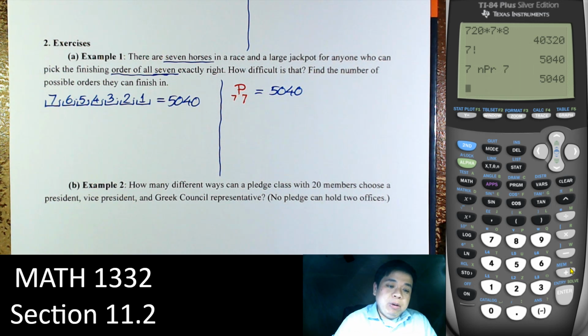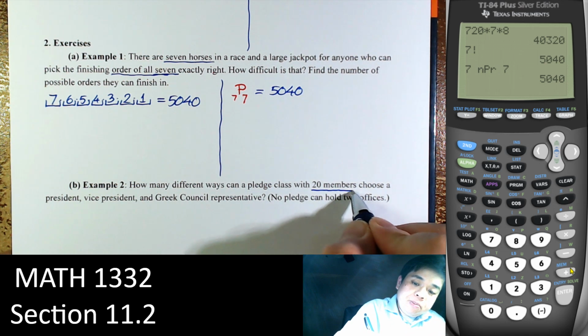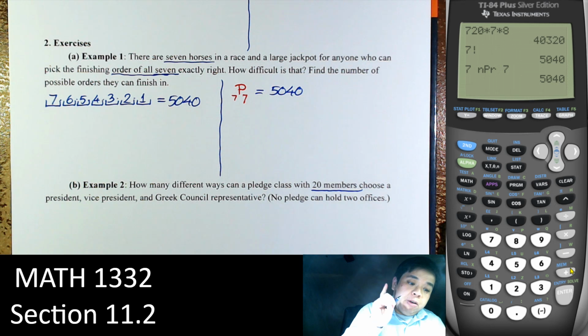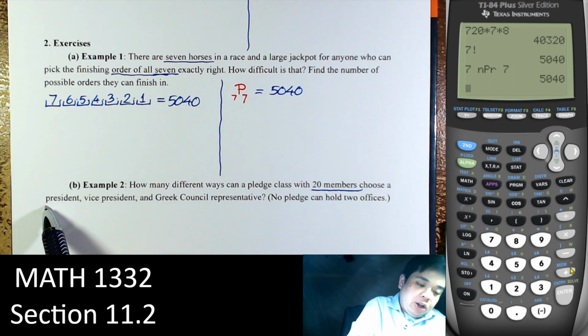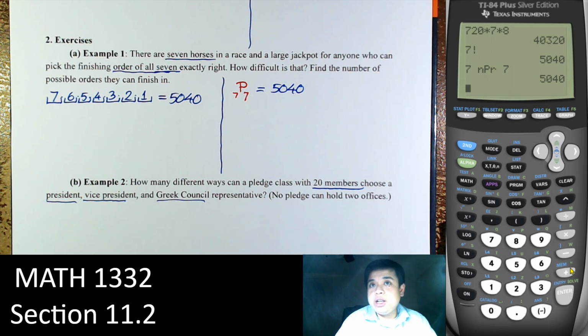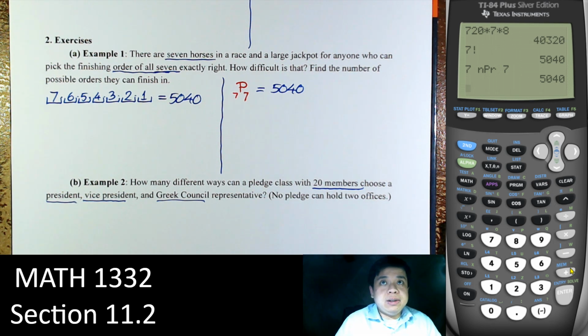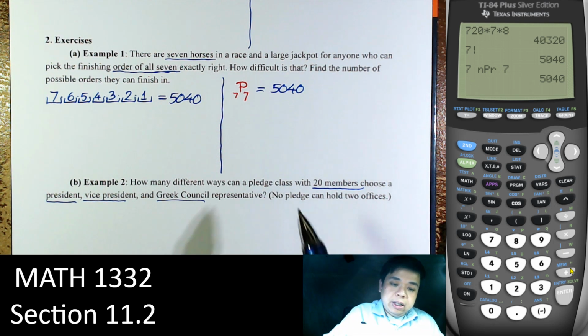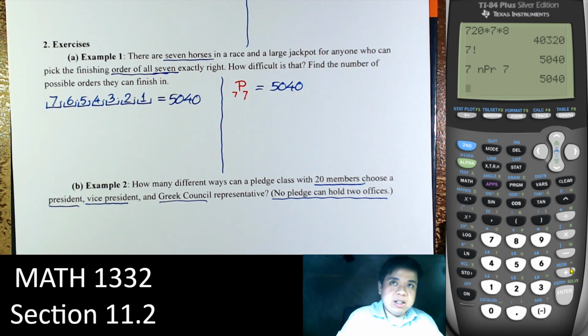Now, how many different ways can the pledge class with 20 members elect officers? So we have 20 to choose from. And we have a president, vice president, and the Greek consul. So there are three different positions, and order does matter, and no pledge can hold 2 offices.